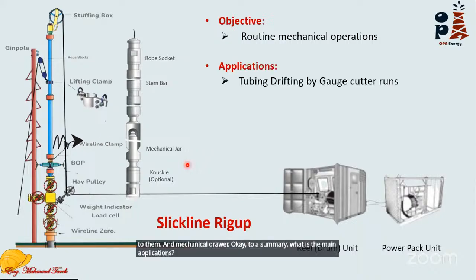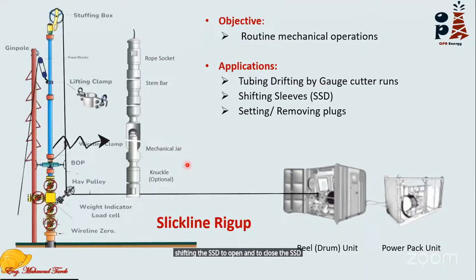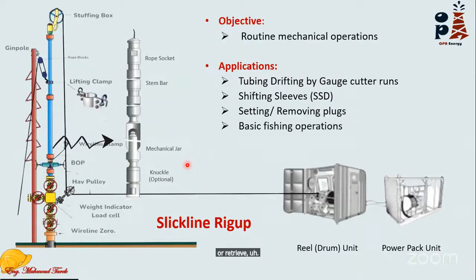We can go with the gauge cutter, and as we will see on the next slide, the gauge cutter will make the tubing drifting, and we can open or close the SSD, shifting the SSD to open and close it. We can install or retrieve the plugs, which is a very important application that can be implemented by Slickline.